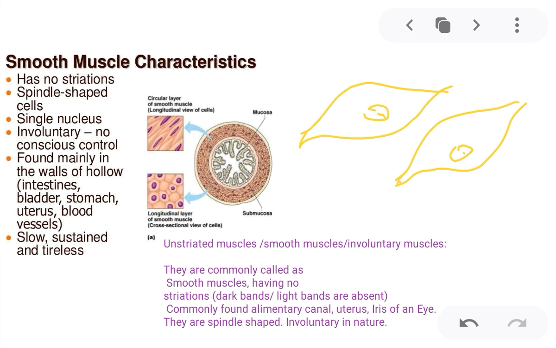So the characteristics: smooth muscles have no striations, they are spindle in shape, they have a single nucleus, they are involuntary, and there is no conscious control. You cannot control the function of these involuntary muscles, because they are located in involuntary organs.